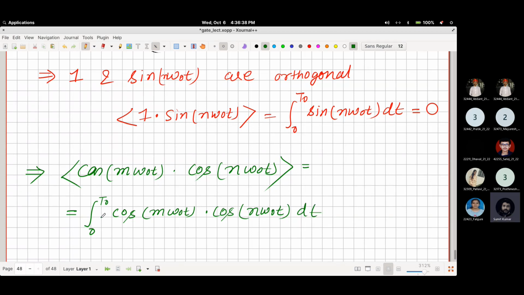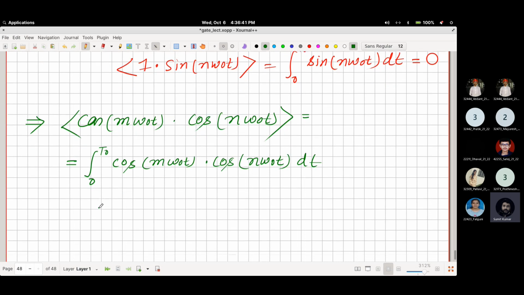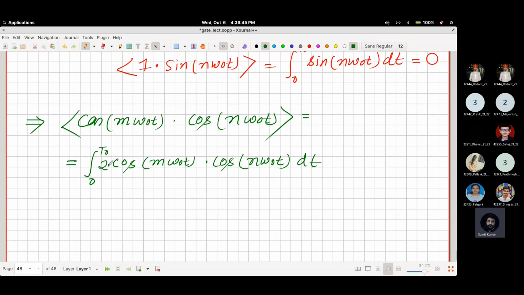So what is it basically? Cos a into cos b, isn't it? So इसको what we can write this 2 cos a cos b and we can divide it by half. Let me do that in different colors so that it should be clear to you. So this is half here, and 2 cos m omega naught t into cos n omega naught t. ये फॉर्मूला मालूम है आपको कितना होता है?